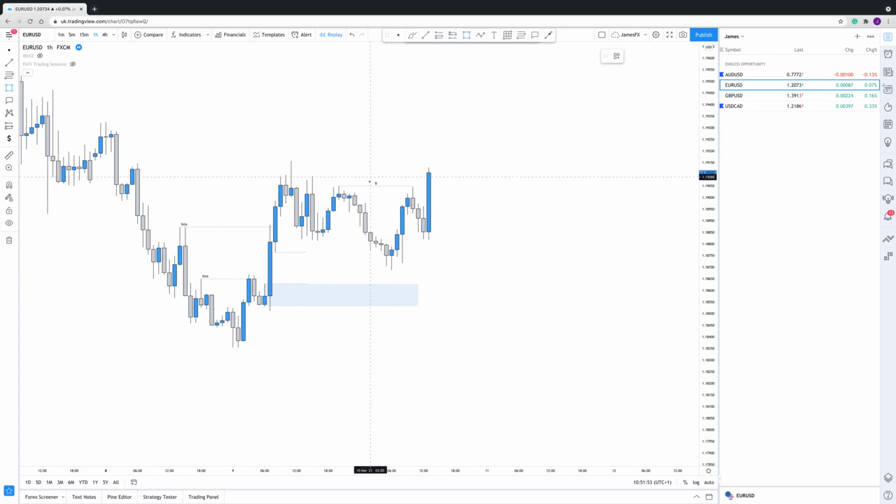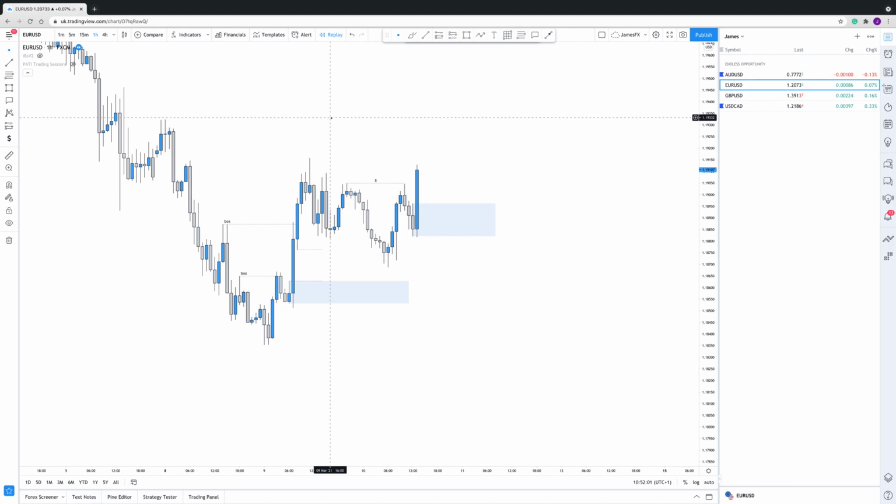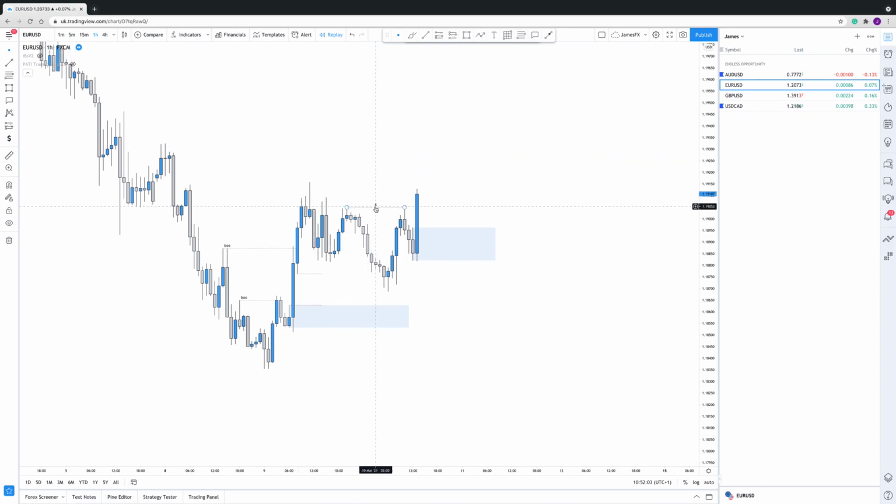So now we've impulsed above, breaking the equal highs, taking liquidity. That leaves behind an order block, which is here. Okay, now let me just remove that.